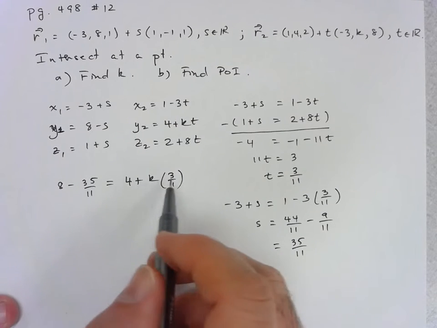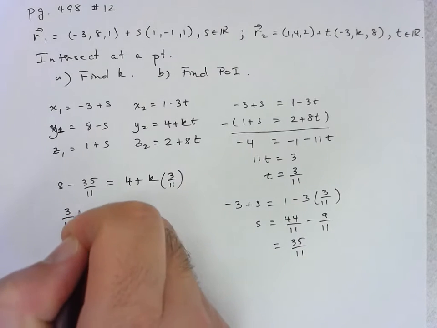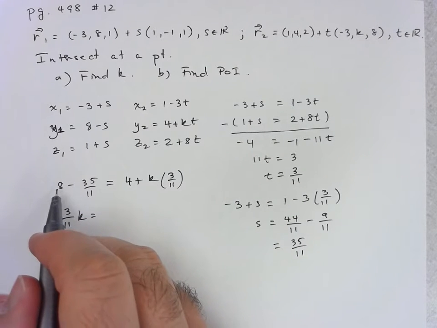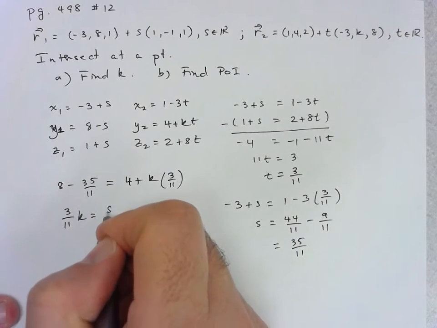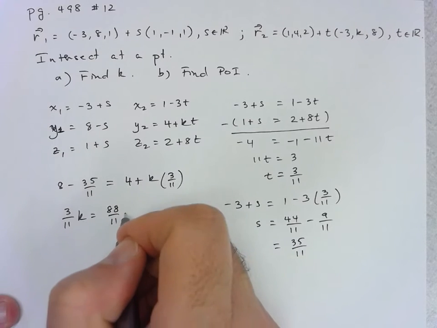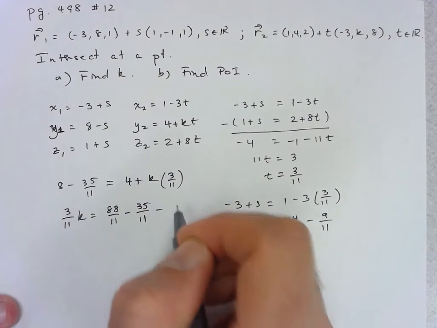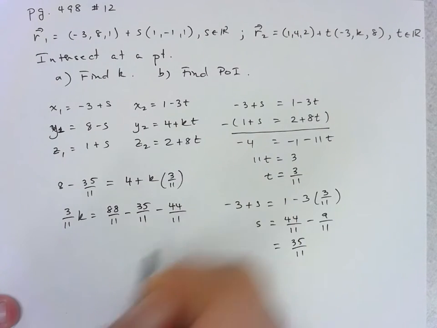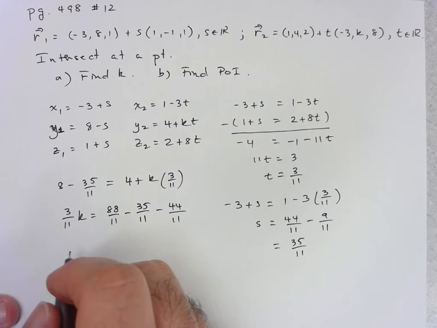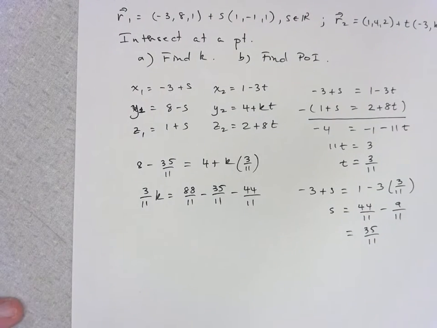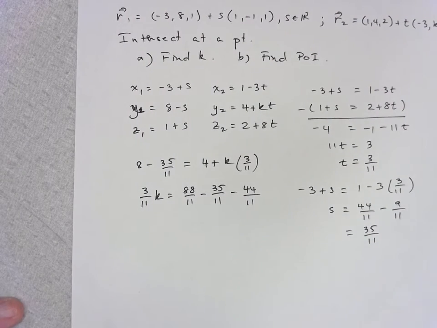Okay, so we'll keep this together. So 3 over 11 k is equal to, so I'll put everything over 11 here. So that's 88 over 11 minus 35 over 11. And we'll bring the 4 to the other side. So minus 44 over 11. Okay, so here I think I'm just going to use my calculator for this.